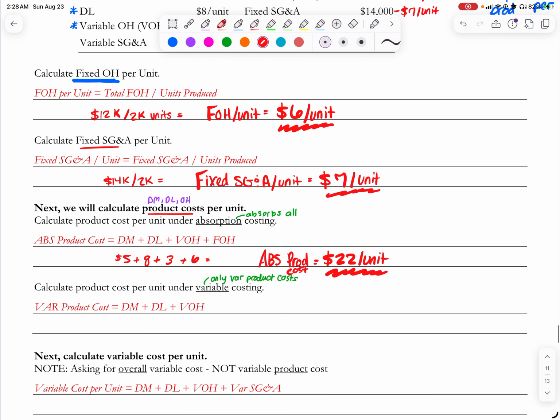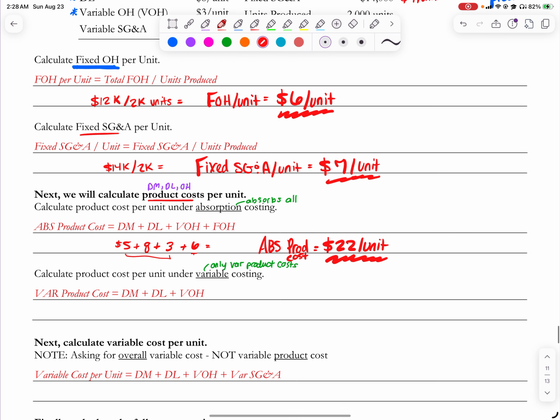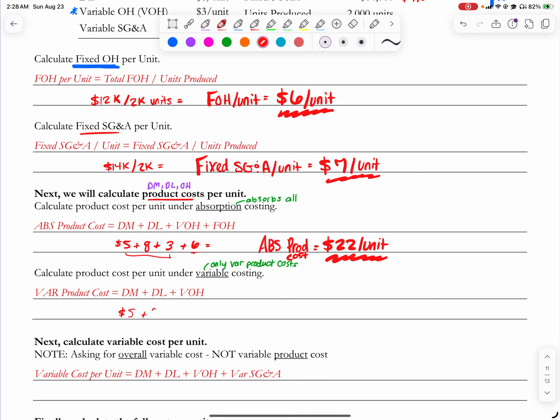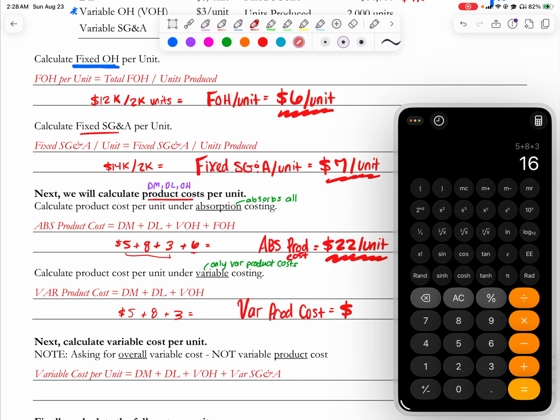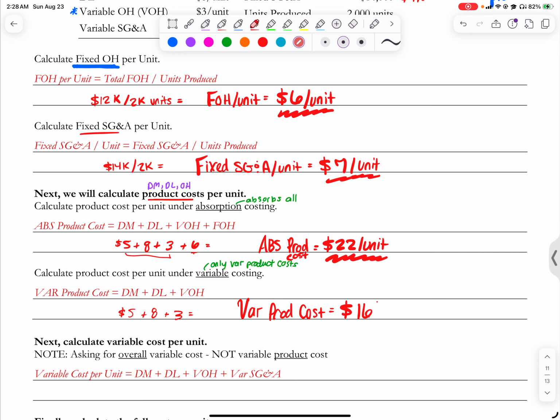For variable, I include these three, but not fixed overhead. That's $6 less, which is $16 per unit.